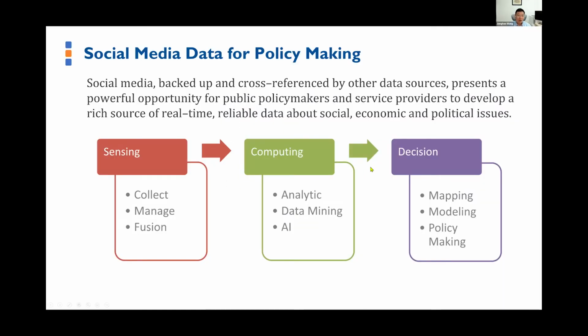So we believe that social media data, especially backed up and cross-referenced by other kinds of data sources like I introduced before, present a powerful opportunity for public policymakers and service providers to develop a rich source of real-time, reliable data about social, economic, and political issues.